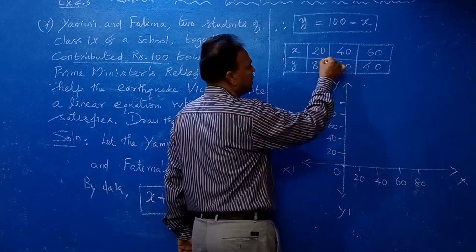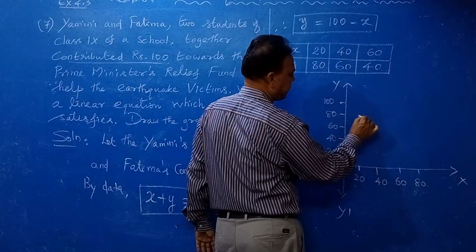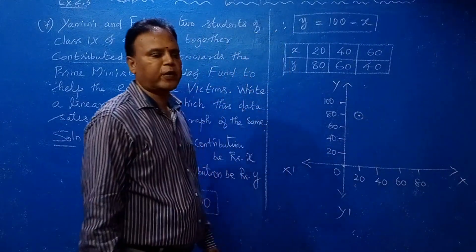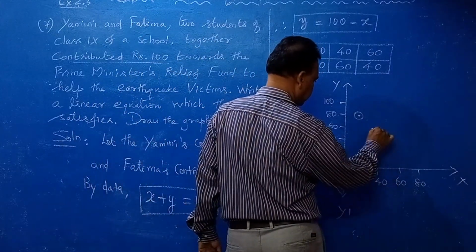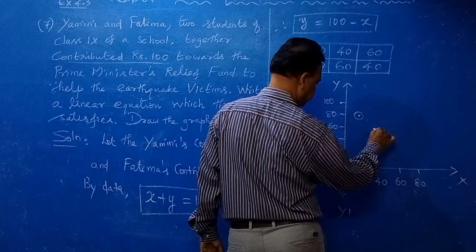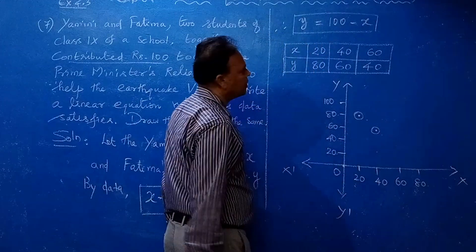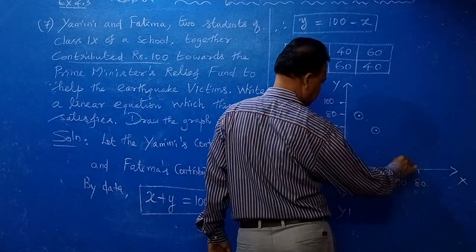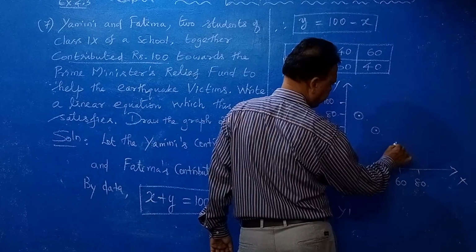Now 20, 80. 20 is 80 here. Now 40 is 60. 40 is 60 here. Now 60 is 40. Correct.